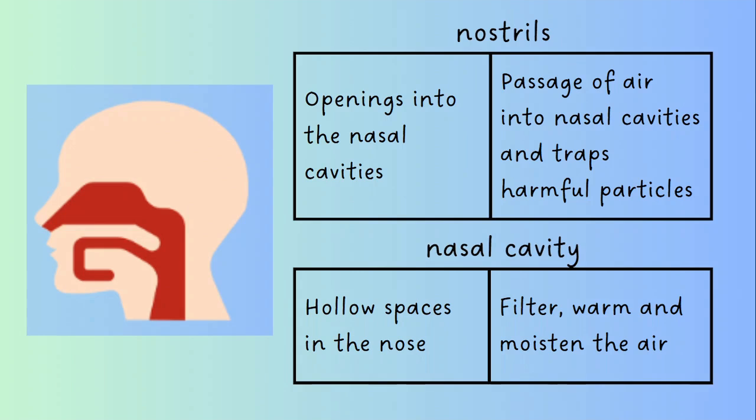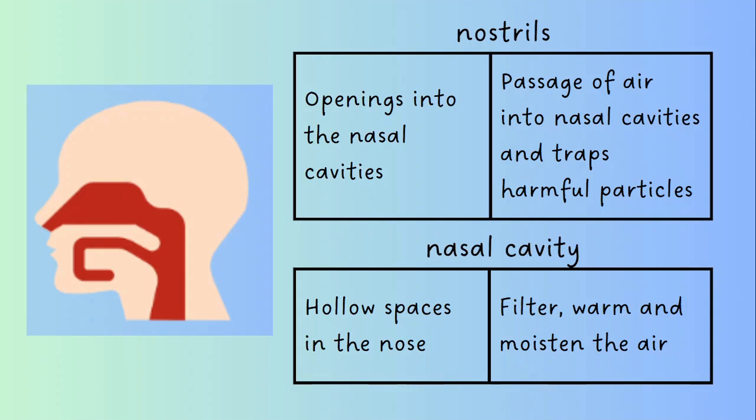First we have the nostrils. This is the outer opening into the nasal cavity. What does the nostril do? It is a passage of air into the nasal cavity, and it traps harmful particles. How?